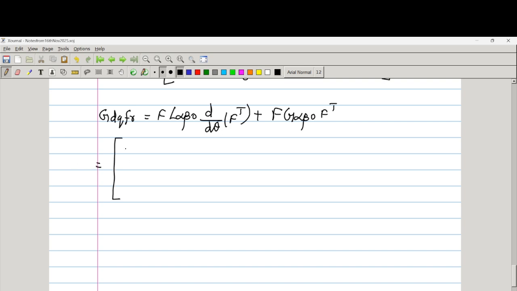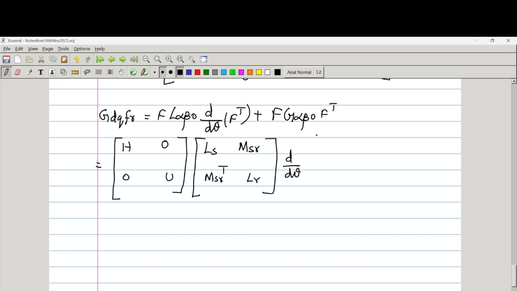F matrix is nothing but H 0 0 U matrix. Then L alpha beta, already we know, LS MSR, MSR transpose, then LR. Then we will have d by d theta of F transpose, H transpose 0 0 U transpose, plus F transpose, already we know, H 0 0 U.